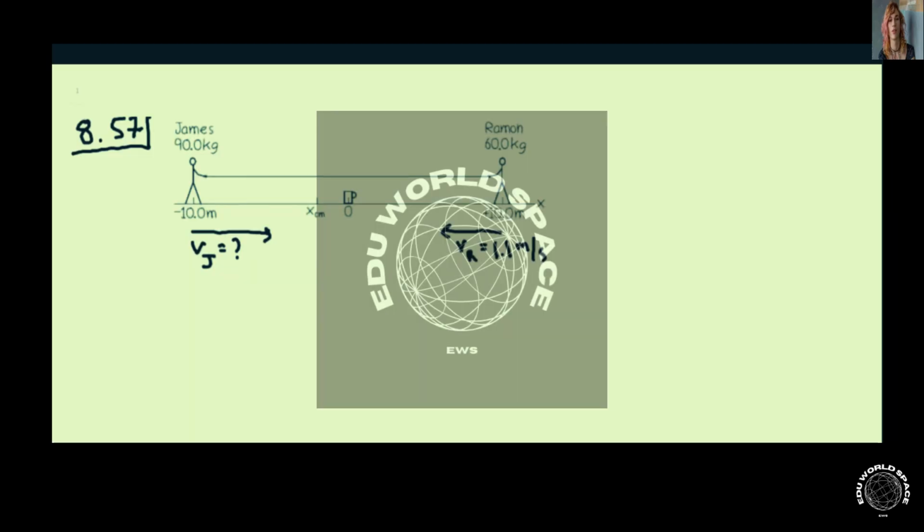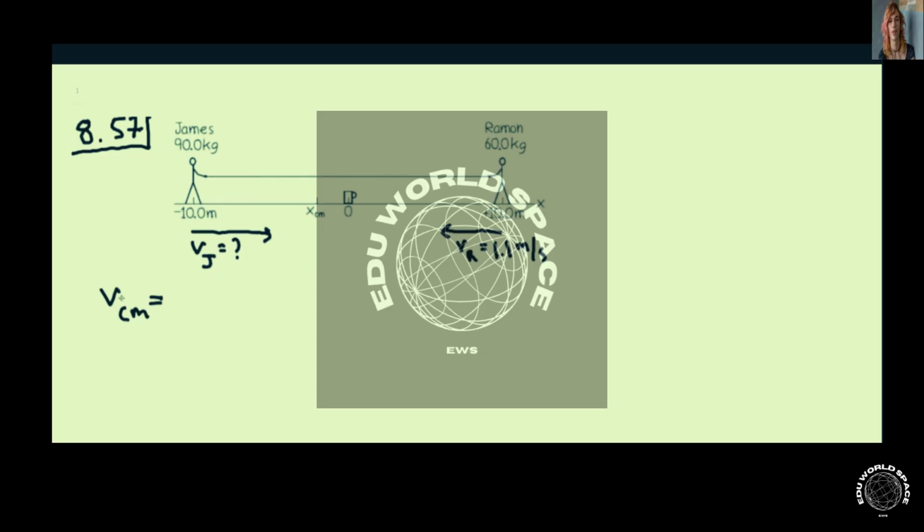And further, since there are no external forces able to act on Ramon, James, and the rope, the momentum has to be conserved, and so the velocity of the center of mass stays the same. Knowing that the velocity of the center of mass is going to be 0, we can set this up quite conveniently.